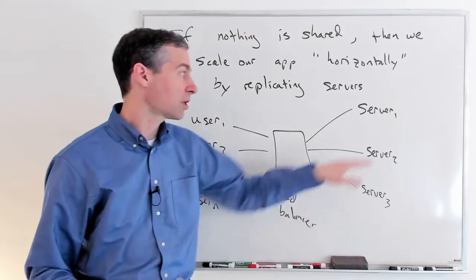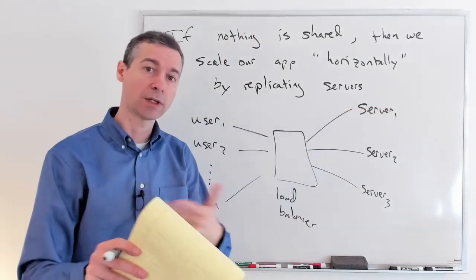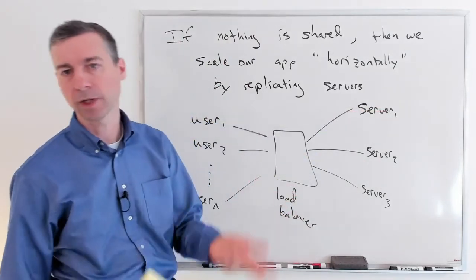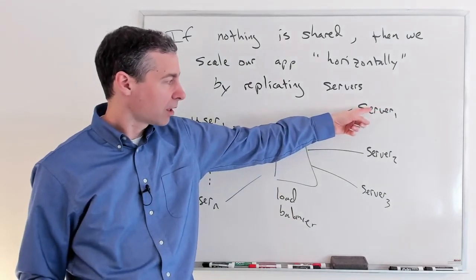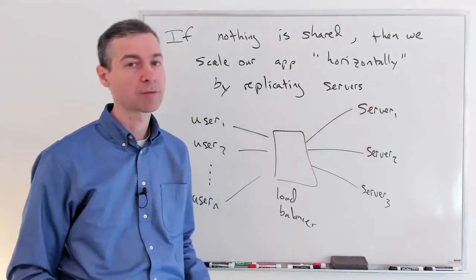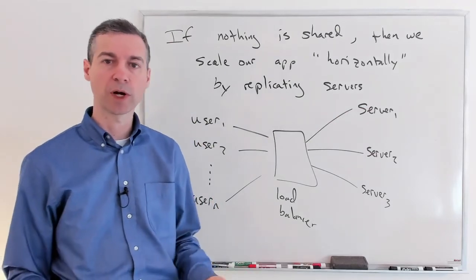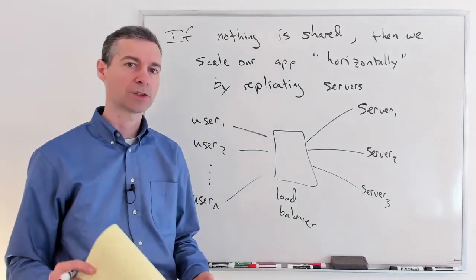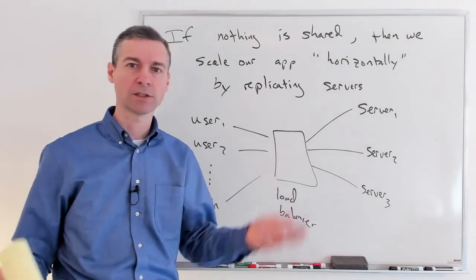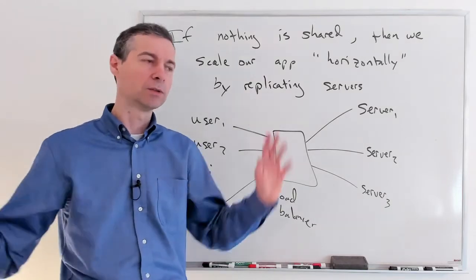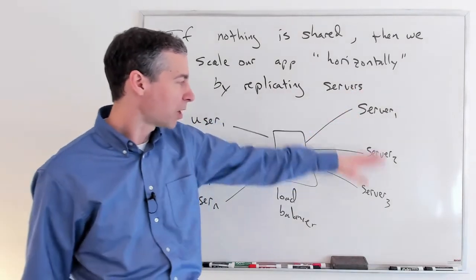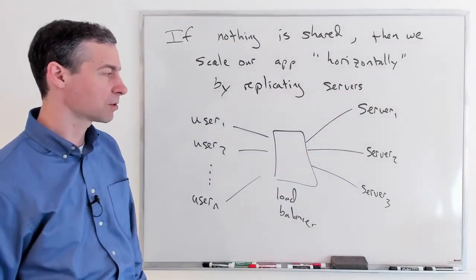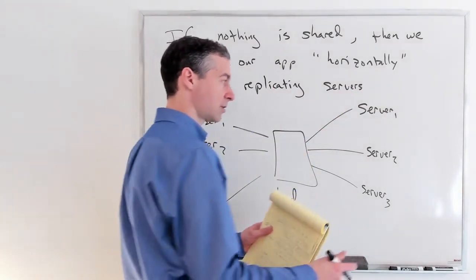So rather than just having one machine that has multiple CPUs and threads and all sorts of good stuff, we have a whole bunch of separate computers. This is why you see all those stories about data centers, and Google has 1 million computers or whatever they have. Part of it is this: they're able to scale horizontally for a lot of stuff.